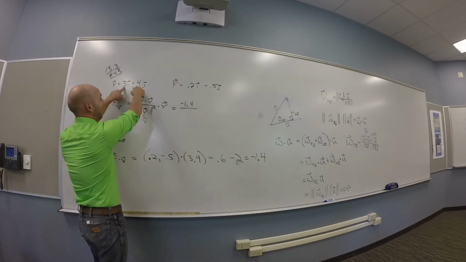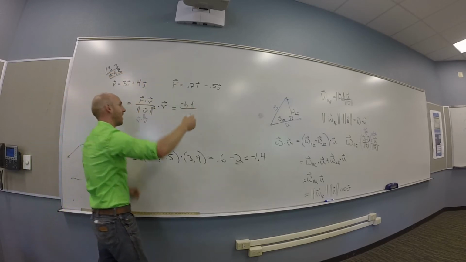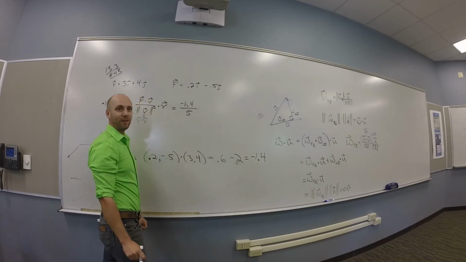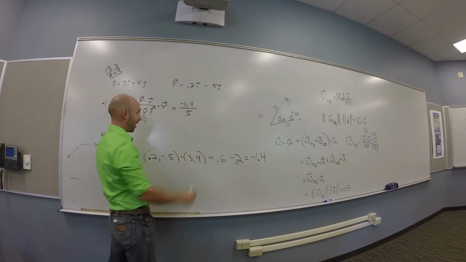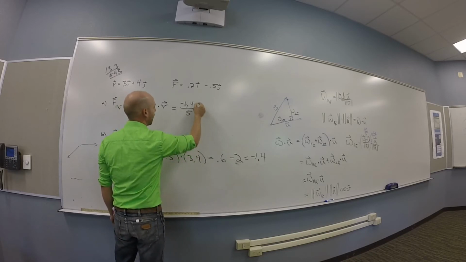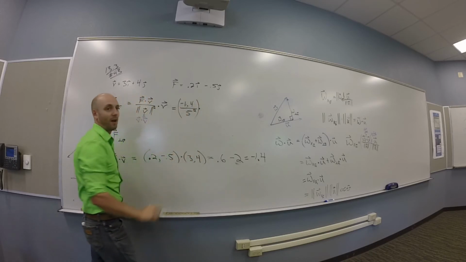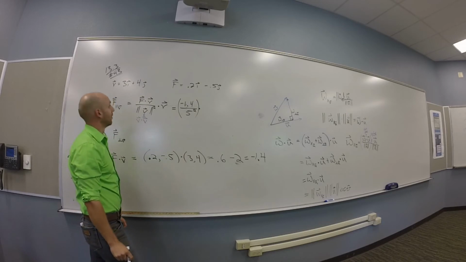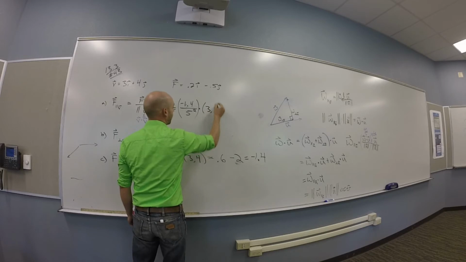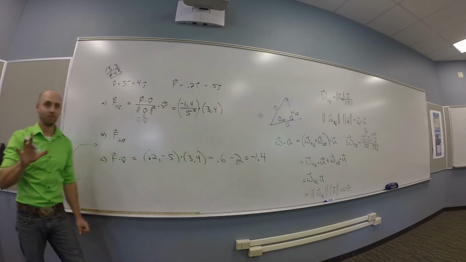Yeah, that's a 3, 4, 5 triangle. So that would be 5 squared. And then I should be multiplying this whole scalar by the vector v, right?